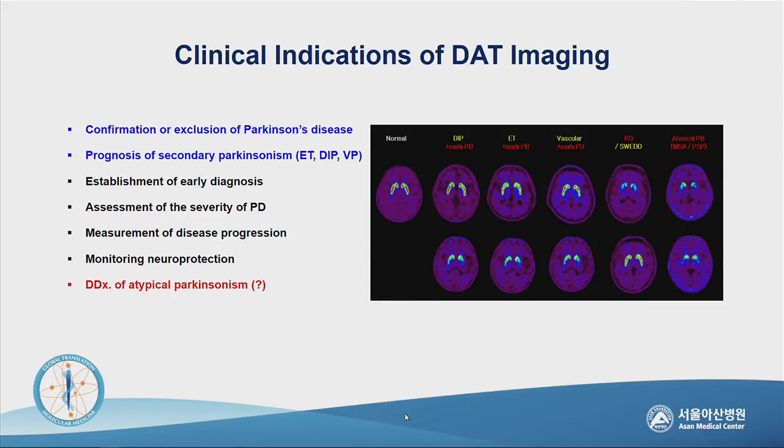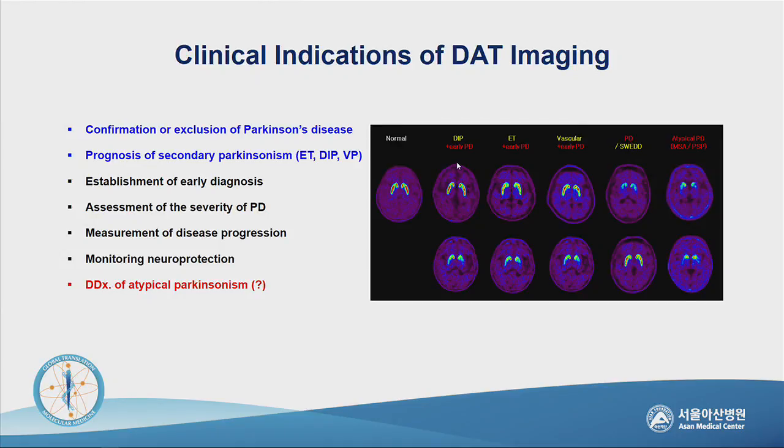We use dopamine transporter imaging clinically with several indications. Among these, we use dopamine transporter imaging for confirmation or exclusion of Parkinson's disease, and we obtain the prognosis of secondary Parkinsonism, essential tremor, drug-induced Parkinsonism, or vascular Parkinsonism.